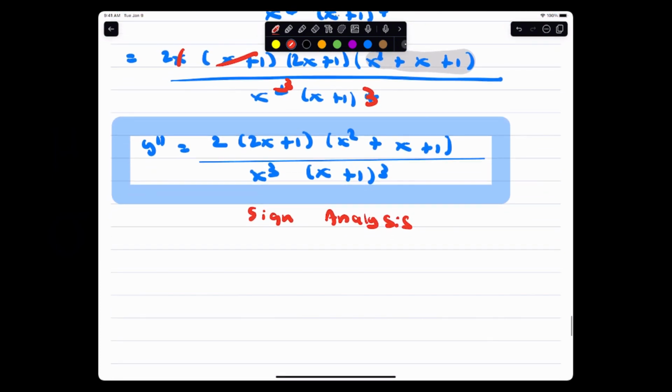I can tell you, this is a second derivative. Very easily, the numerator being 0 happens simply when what? x is negative 1/2. You can try to see if the second polynomial gives you a solution.